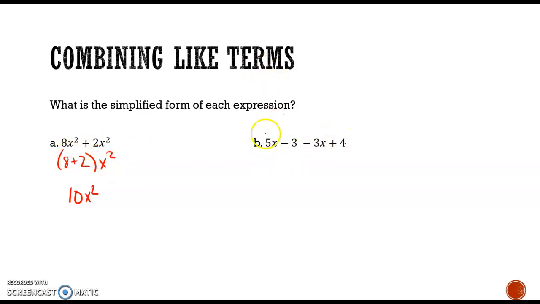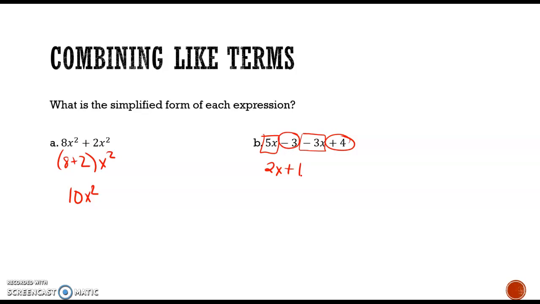What I tend to do, though, is I'm going to box my variables and circle my constants. Now here's the thing, if you notice I circled the sign with it, that sign is going to go with our number. So here we're going to have 5x minus 3x, so we're going to end up with 2x. And negative 3 plus 4, 4 is bigger. Negative, positive, subtract, so 4 minus 3 is 1, but 4 is bigger, so it's going to be a plus 1.